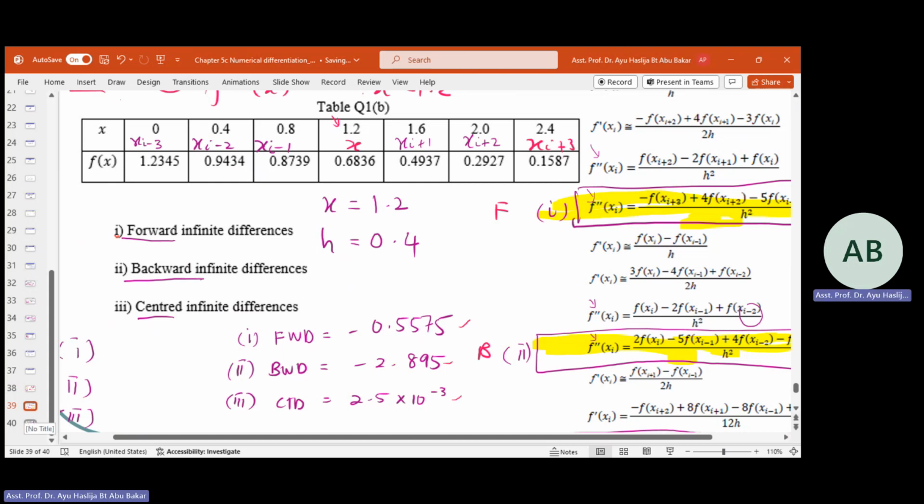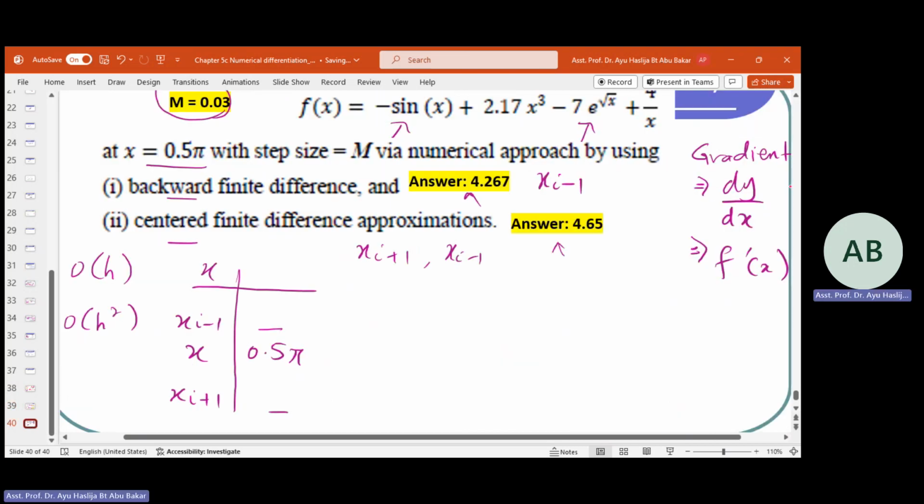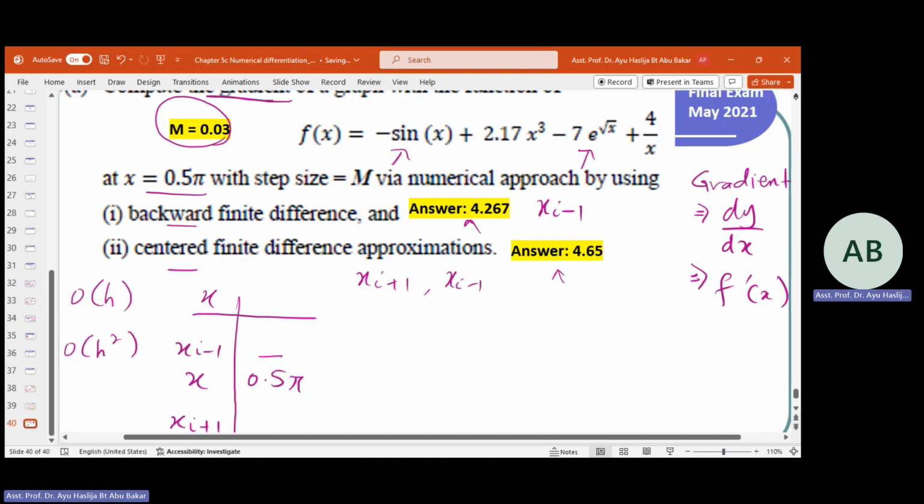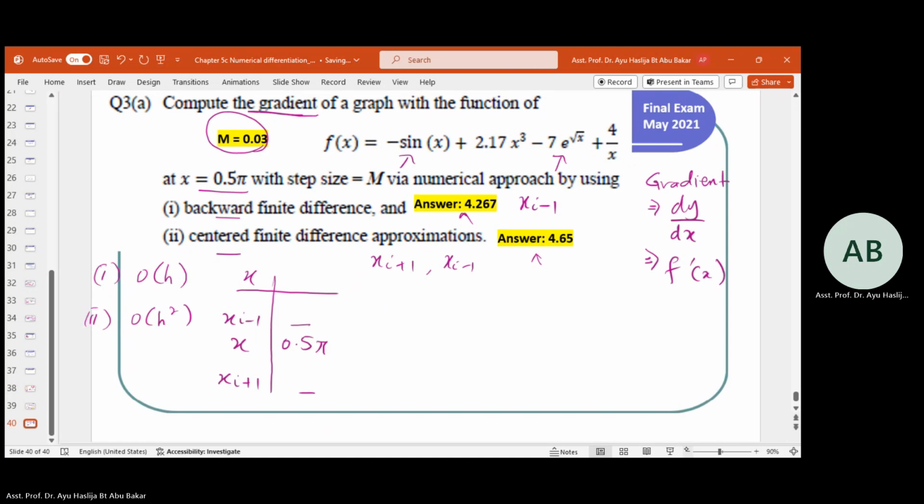Next, I want to share with you the final exam. This one is final exam May 2021. The method is similar, it's just the function that is different.